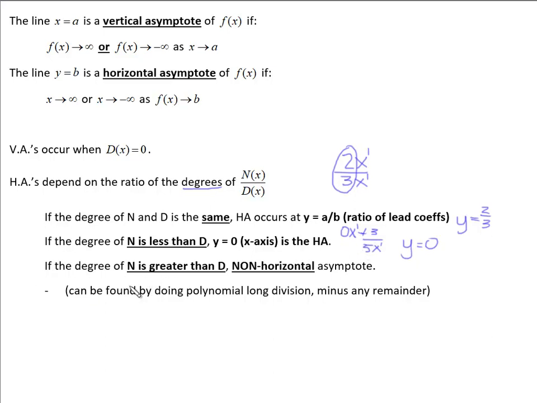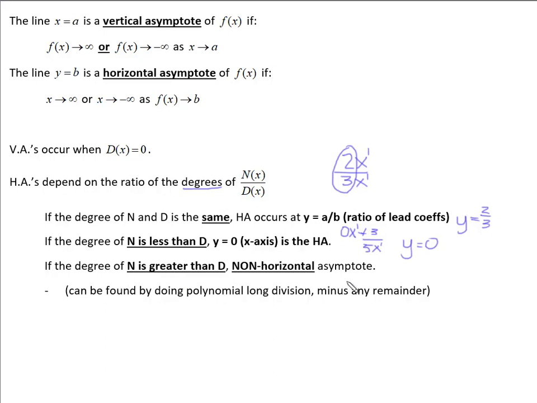However, if the degree of the top is larger than the bottom, so when it's top-heavy by degree, basically it's no longer a horizontal asymptote. It could be a slant asymptote, which is like a diagonal line it curves towards, or it can be some other function. You can actually have a parabola that your graph curves towards infinitely forever. They look pretty weird.